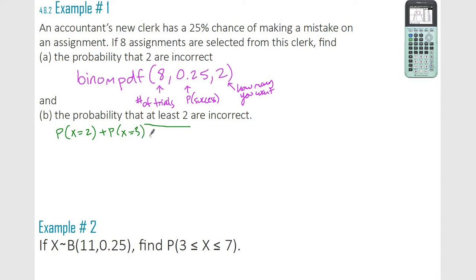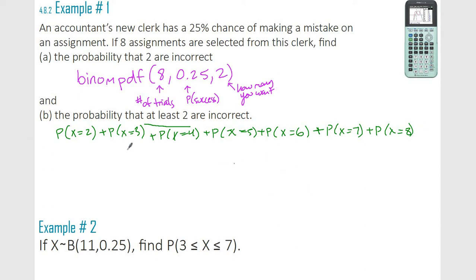So probability of 3 plus the probability of 4 plus the probability of 5 plus the probability of 6. Ooh. I hope you're getting the idea here. This sounds awful, doesn't it? I really don't want to figure out each one of these probabilities.